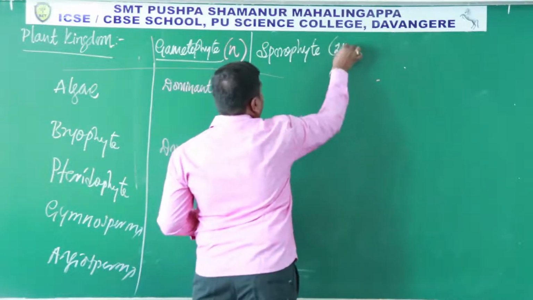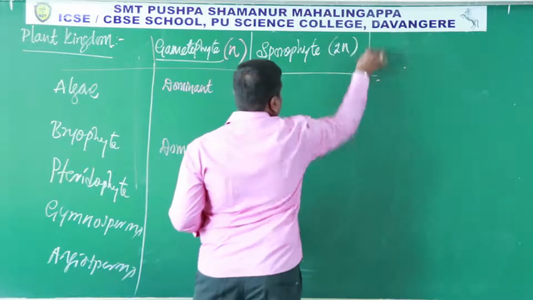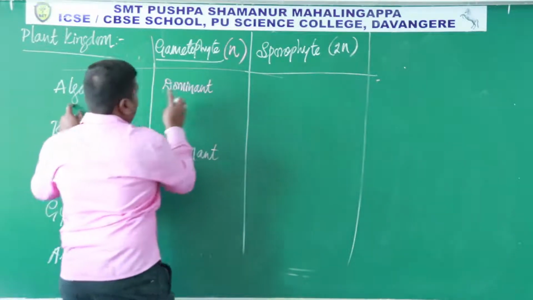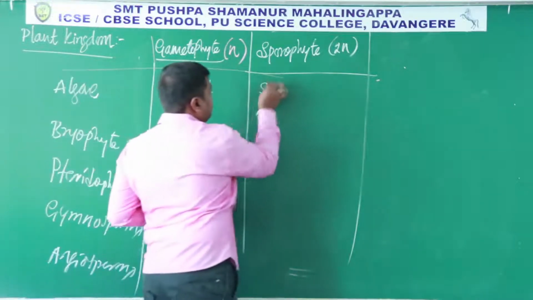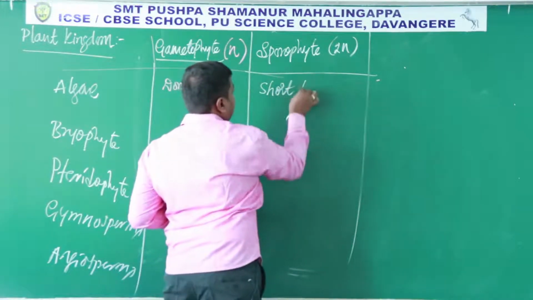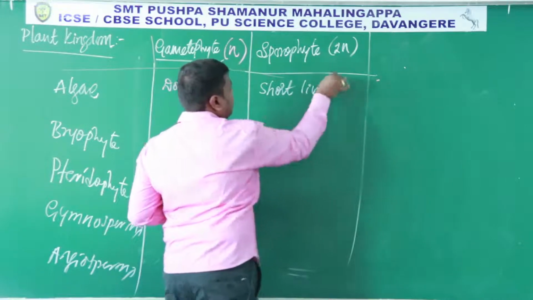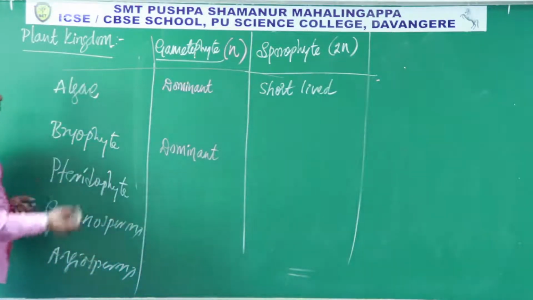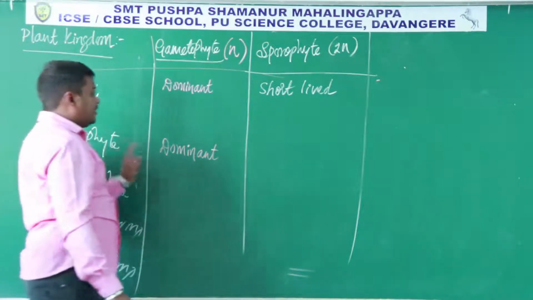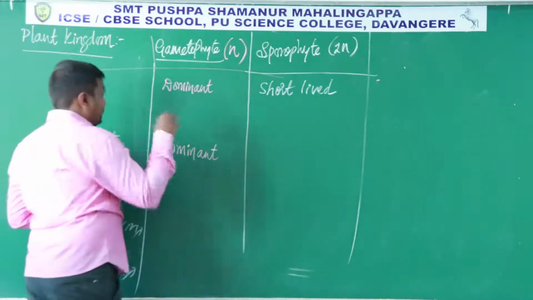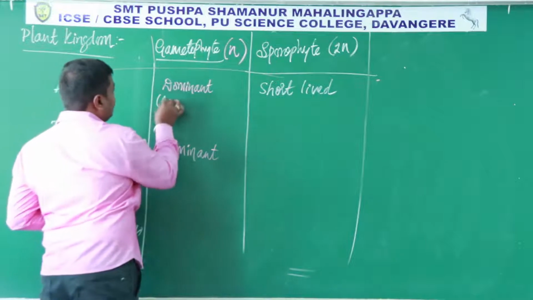Sporophyte is diploid. In algae, gametophyte is dominant and sporophyte is short-lived. The sporophyte lives for a very short period only. In case of bryophyte, gametophyte is dominant, and let me add one more thing.